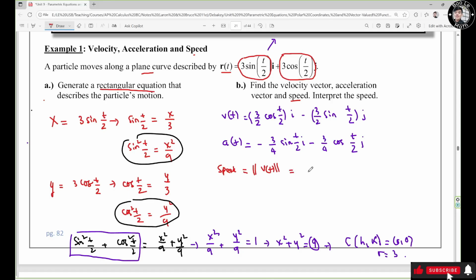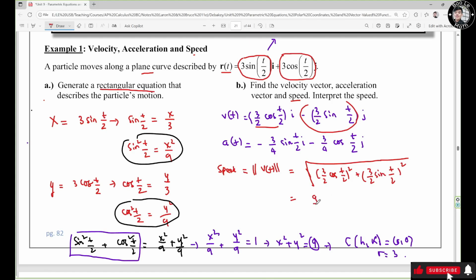So it's going to be the square root of this component squared, 3 over 2 cosine of t over 2 squared, plus this component squared, 3 over 2 sine of t over 2 squared. 3 over 2 squared equals 9 over 4.